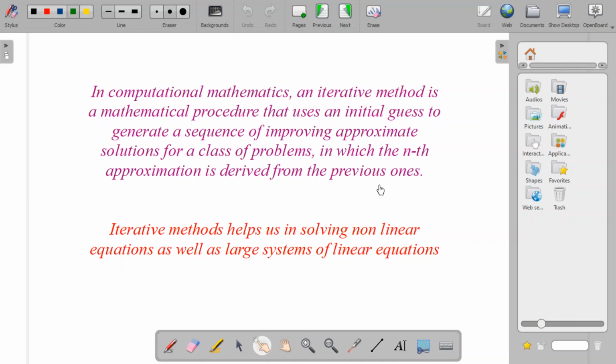When we go on finding solutions from the previous one, we finally understand the exact solution of the equation. Iterative methods help us in solving nonlinear equations as well as large systems of linear equations. Now I am going to look at one of the commonly used methods, the Newton Raphson method.